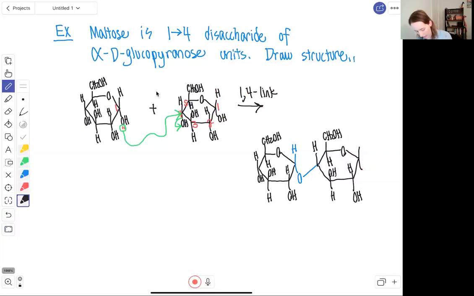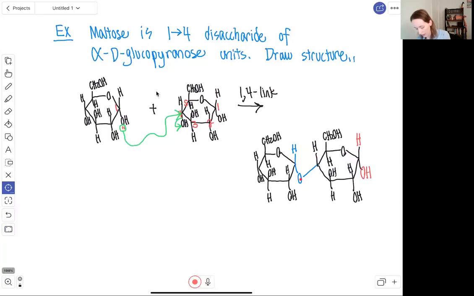So let me go ahead and fill that in as alpha with the hydrogen up and hydroxy group down, and that anomeric carbon makes it alpha. And so we have that 1,4 linkage between the two groups, the 1,4 linkage being right here. And we would describe that as an alpha linkage because relative to the anomeric carbon, the oxygen that forms that link is going down, just like if we had an alpha hydroxy group there, that would mean that it was oriented down.